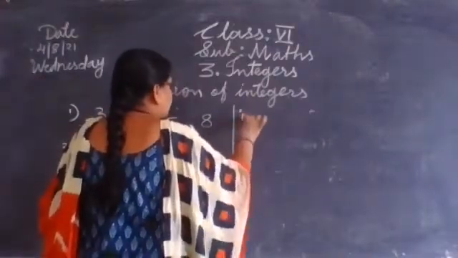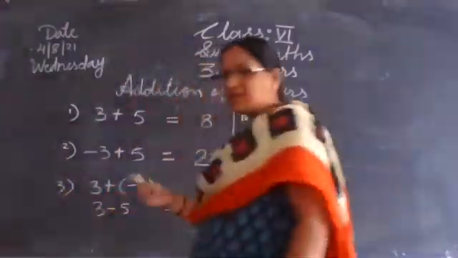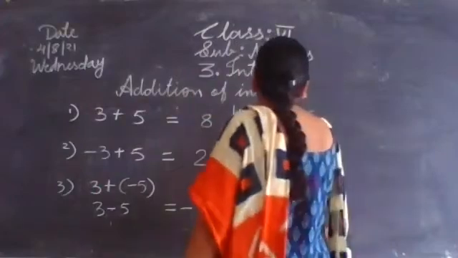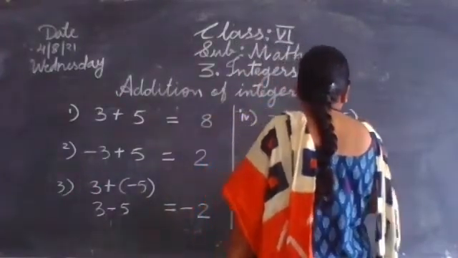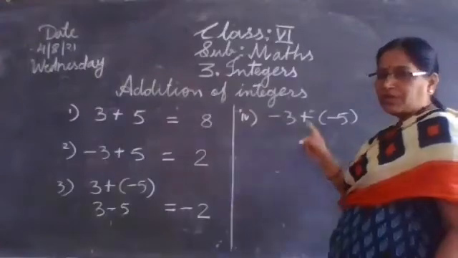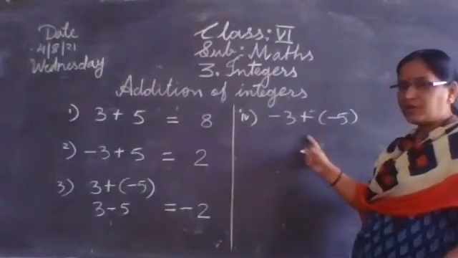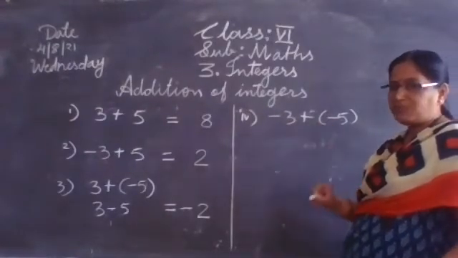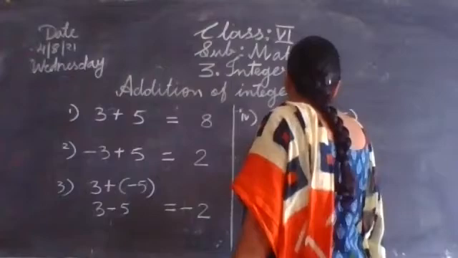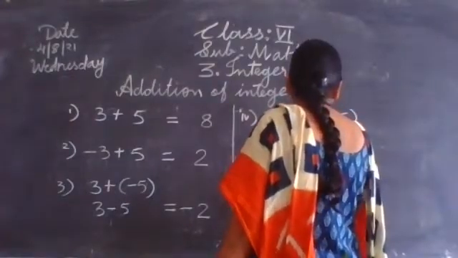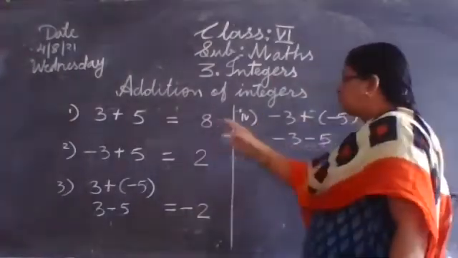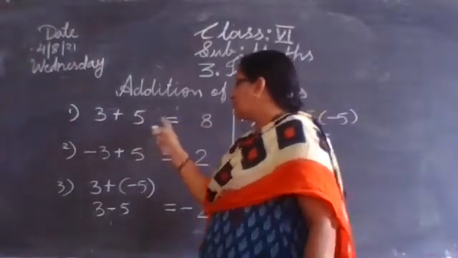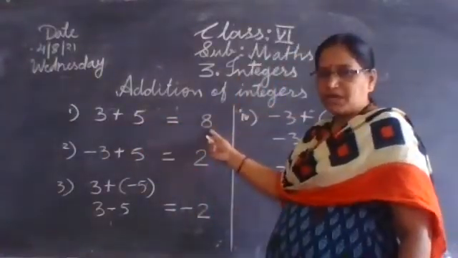Now see the fourth example. Both the numbers are negative, means minus 3 plus minus 5. Again, only one sign comes out, that is the negative sign. It means minus 3 minus 5. And the answer is, see, when both the numbers are positive, you have to do the addition.